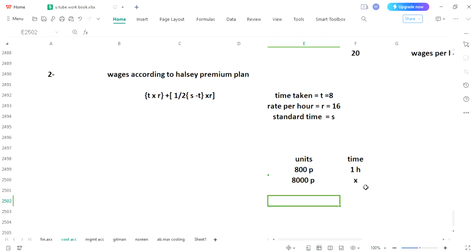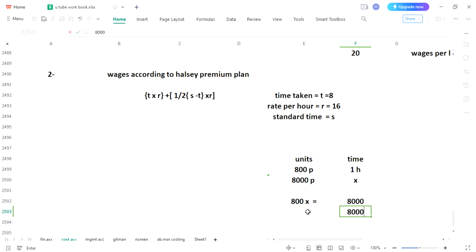Here the first step is x would be multiplied by 800, so 800x on the left side. What would be on the right side? 8,000 pieces would be multiplied with 1, so we get 8,000. Now finally we can calculate it. 800 is being multiplied over here, and we will take 800 to the opposite side, the sign would be changed. 8,000 is already present on the right side.